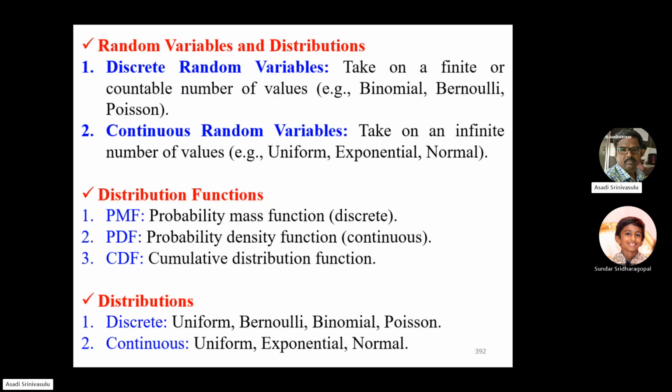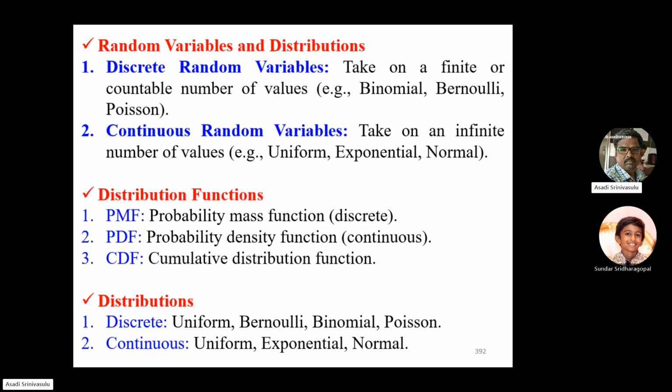Distribution functions we have seen already: PMF, PDF and CDF. The probability mass function we can call a discrete distribution formula. PDF, the probability density function, is for continuous. CDF is the cumulative distribution function.